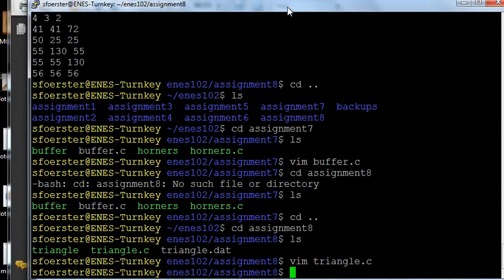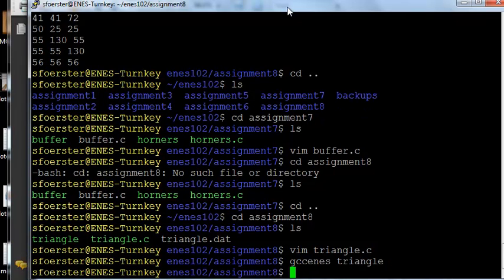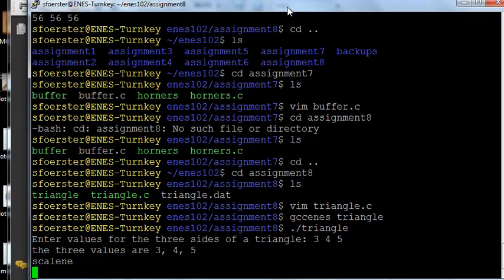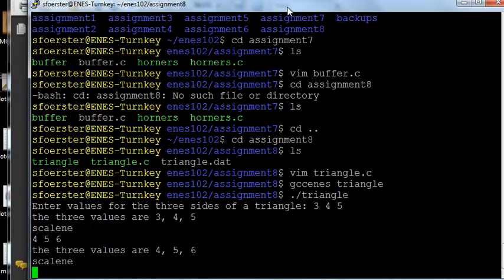Okay, so what I've done is I've modified triangle.c so that it goes on forever. Let's just compile it, see if it runs. Okay, now let's just run it by hand. 3, 4, 5, 5, 6, 7. 1, 2, 3.